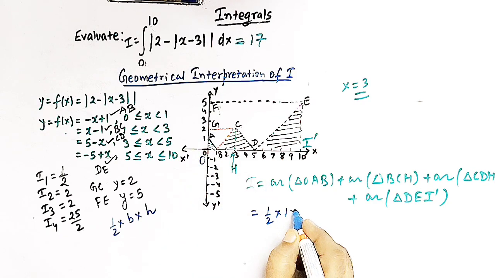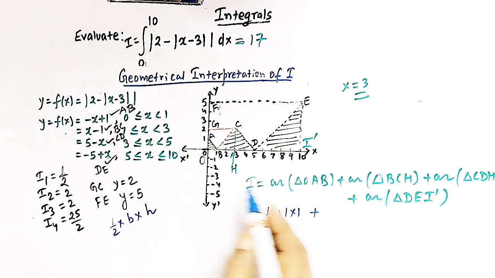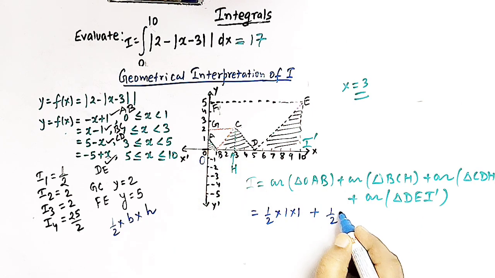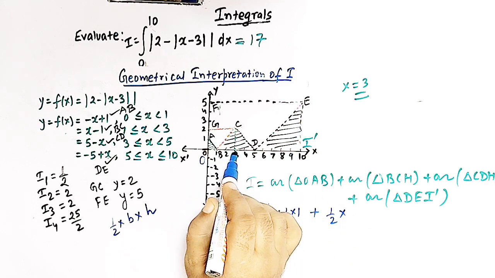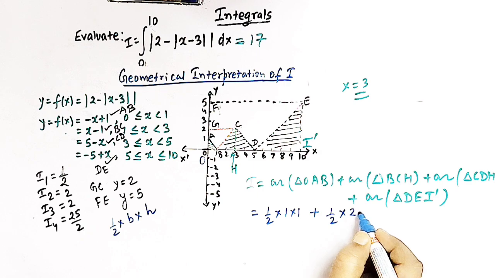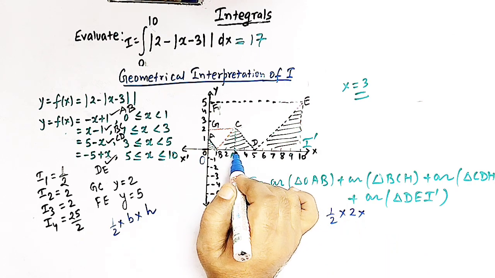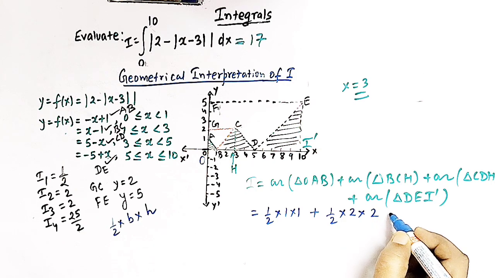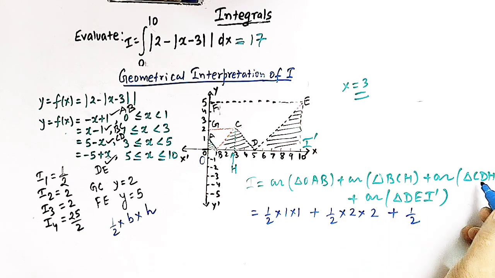So this is 1 times 1, and then we have the triangle BCH. So the area is given by half. The base is 3 minus 1, that is 2, and the height is here 2 minus 0, that is simply 2.